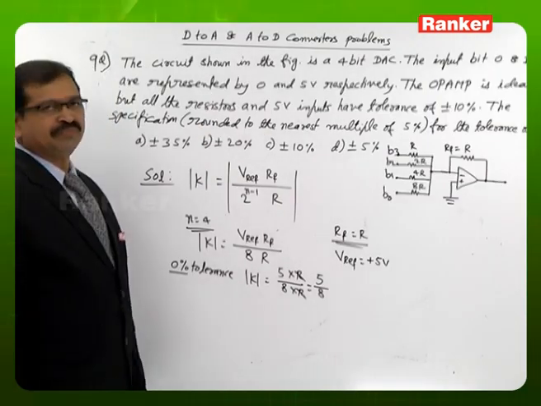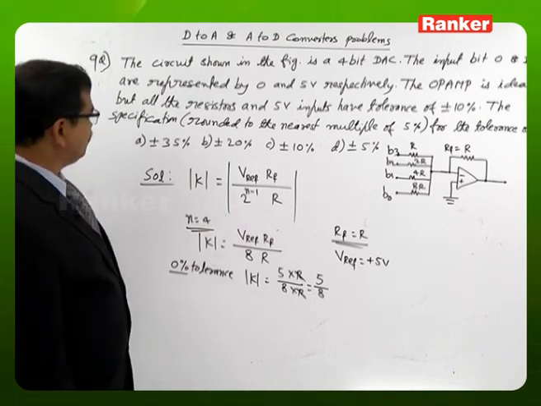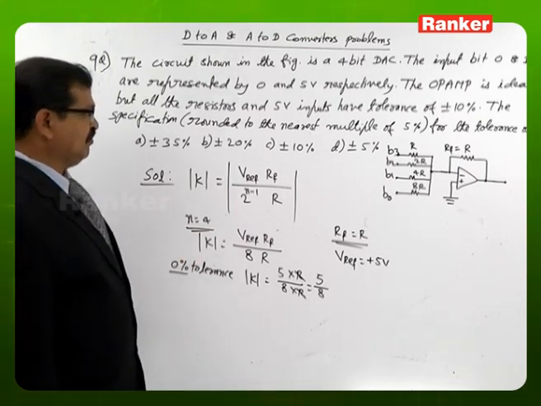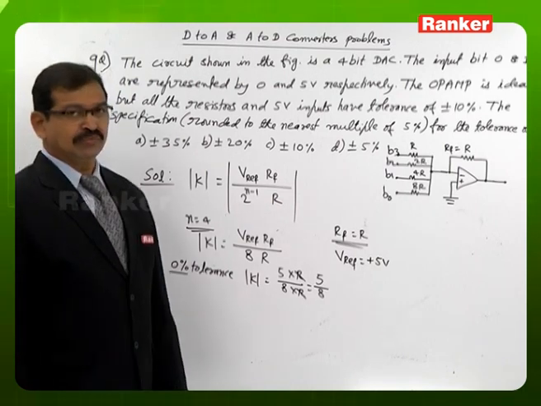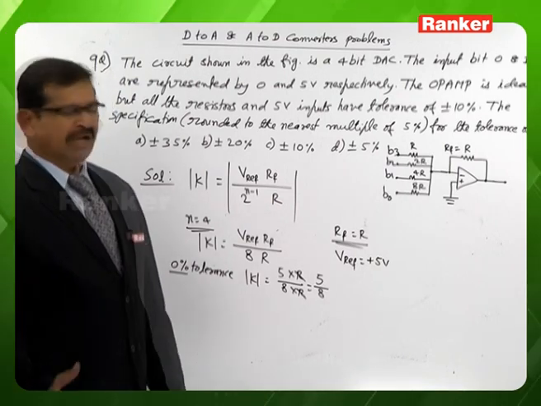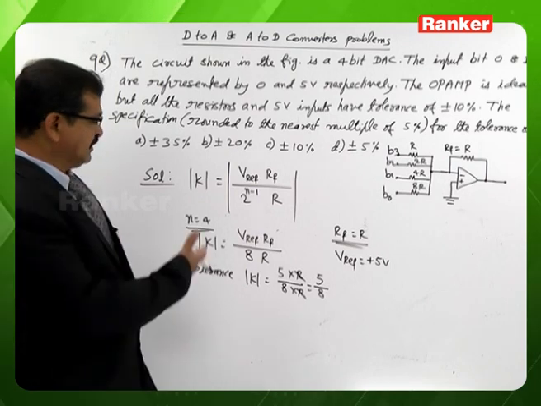Now, the question is, what is the specification for this digital to analog converter in terms of tolerance? So, what is the maximum error you can say based on this given data?